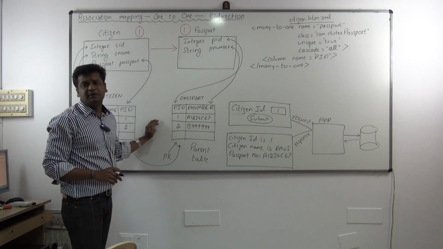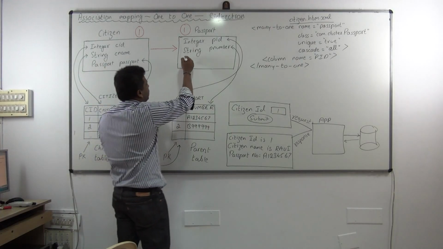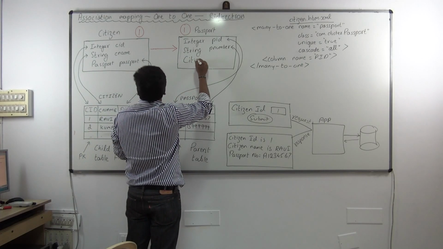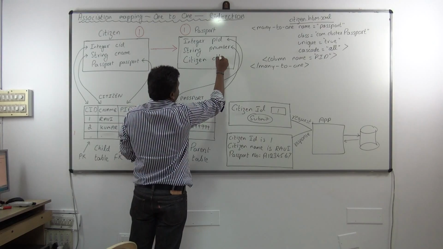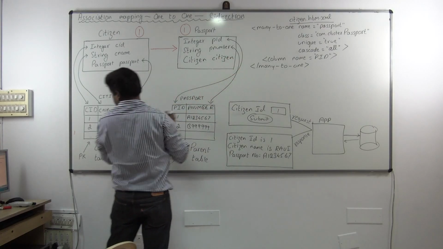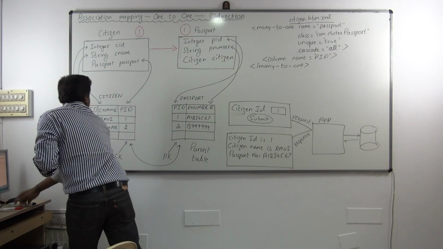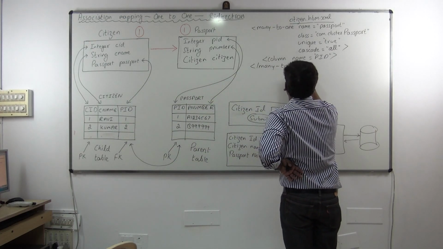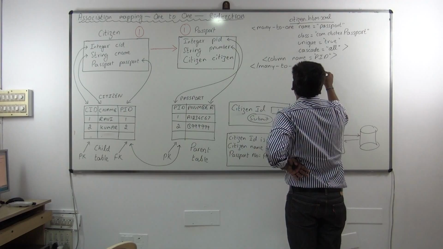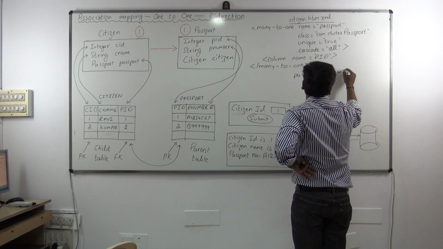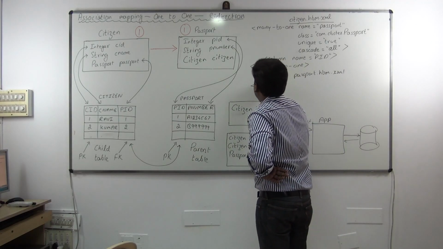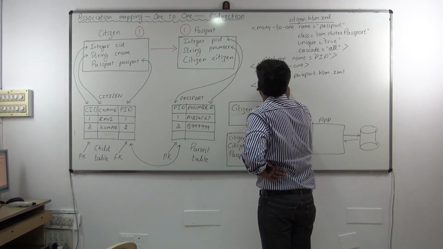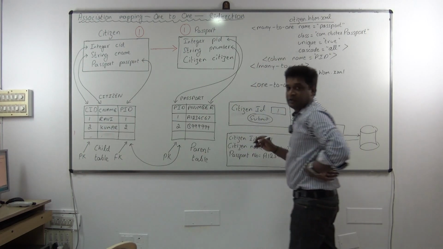Making it bidirection is very simple here. All I'll do is add one property of type citizen, and after doing that, in the passport.hbm.xml file, I'll use one tag called one-to-one. Clear?